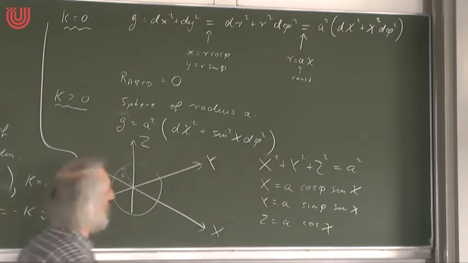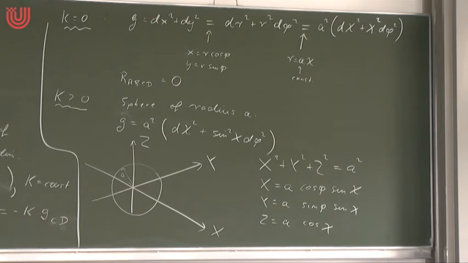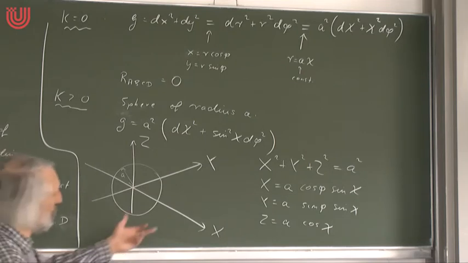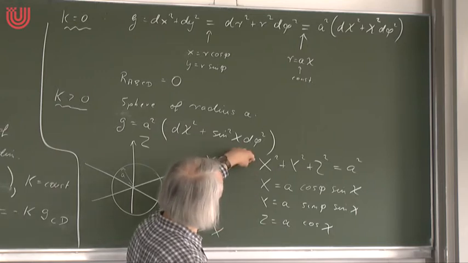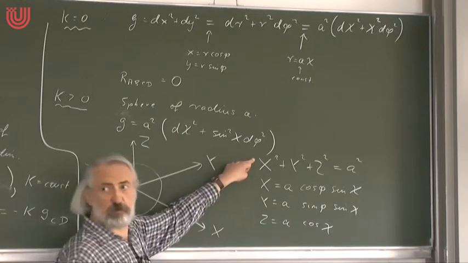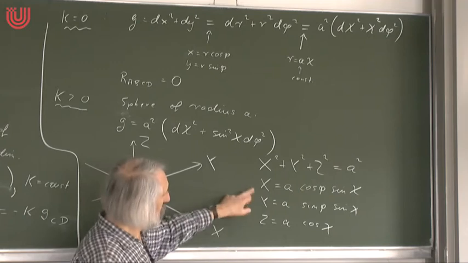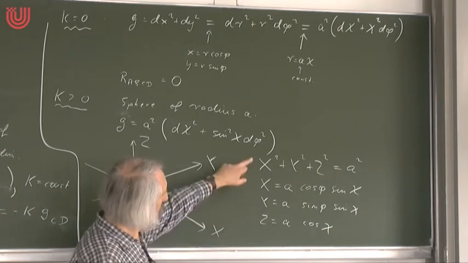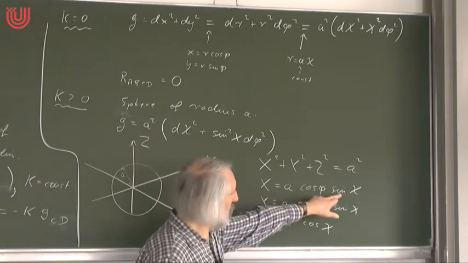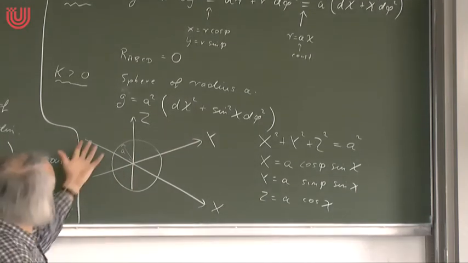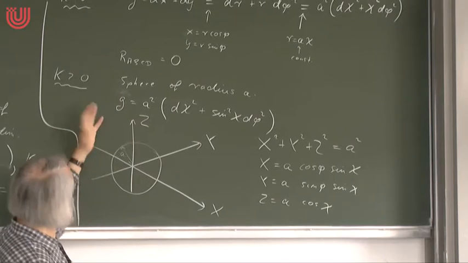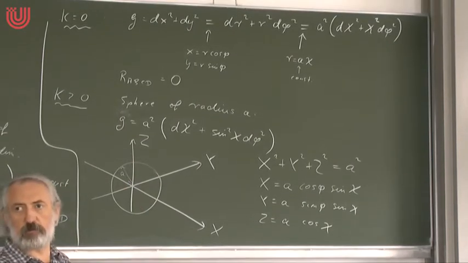These are polar coordinates. The letters are a little bit different from what you usually use, but it's a familiar expression. If you insert this into the sphere equation, you see that it's identically satisfied. So by introducing these coordinates, we really parameterize this surface with phi and chi. And now the question is, what is the metric which is inherited on this surface from the Euclidean metric on the 3-dimensional space?